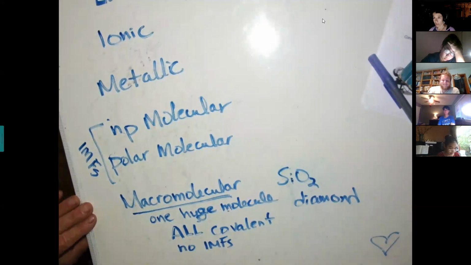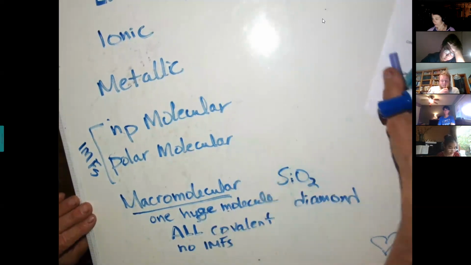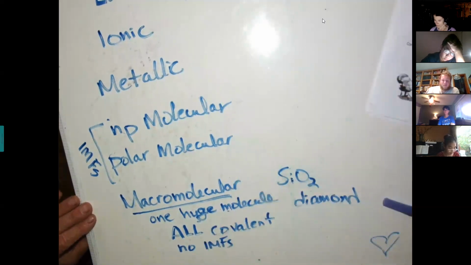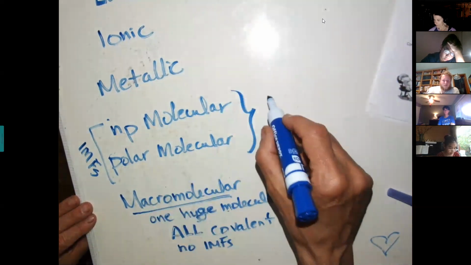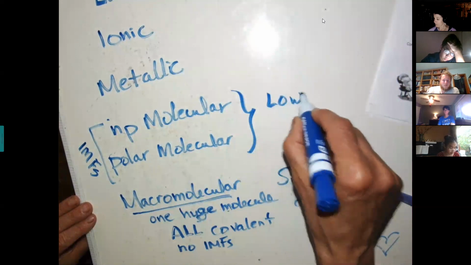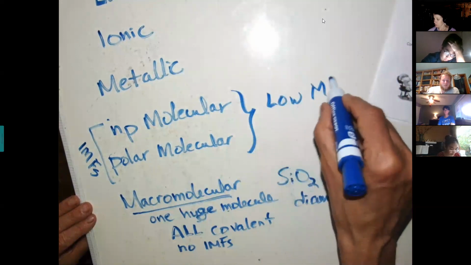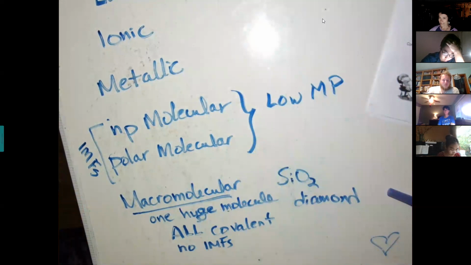But you can wear your goggles while you do the lab and fill out the data table fictitiously, that these two, the nonpolar and the polar, have low melting points. They melt pretty much in 2 seconds. Like you have them in the test tube, and as soon as you put the test tube by the Bunsen burner, it melts. Whereas the macromolecular, you hold the test tube for 3 minutes over the Bunsen burner, nothing's going to happen.